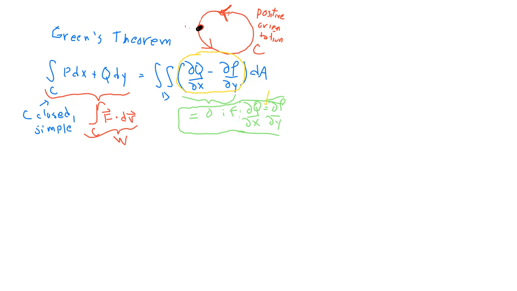Oh, how can that happen? Why would that happen if these partial derivatives here are equal to each other? Why is that true? Why does that make sense?